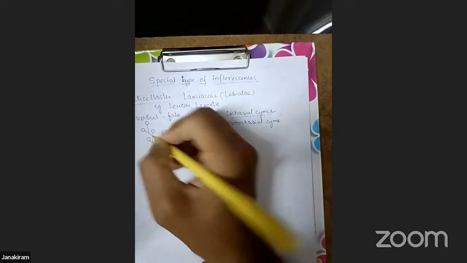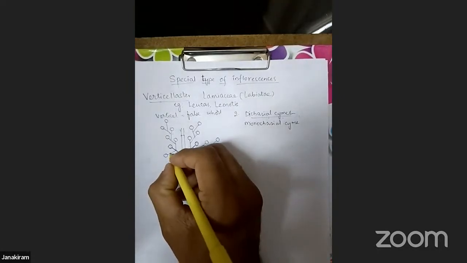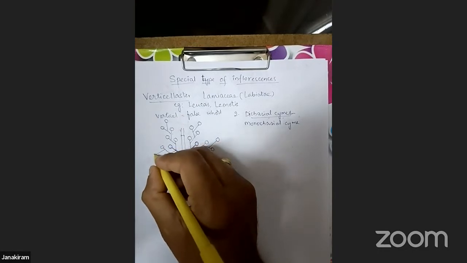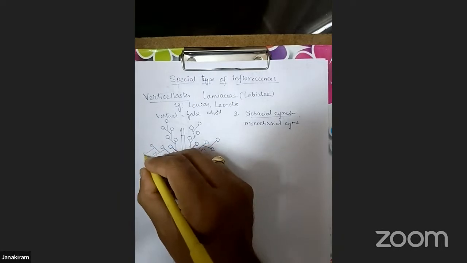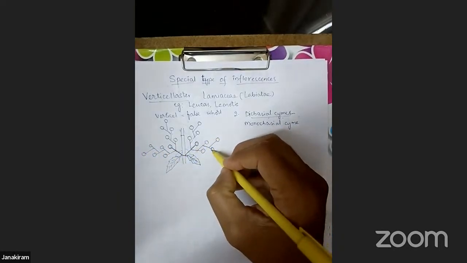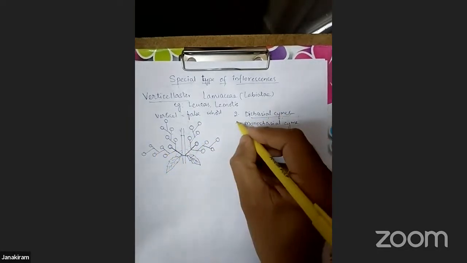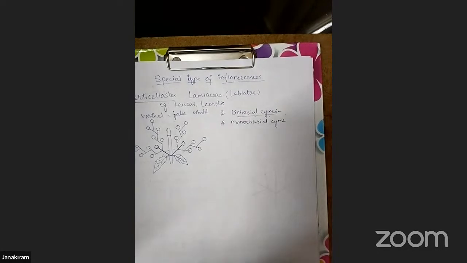Here it is also monochasial. And in this one also, the same type of pattern can be seen. Every time one branch is formed, ending with one flower. So total here, this is one monochasial, second monochasial, third monochasial, and the fourth monochasial. So 4 monochasial cymes are formed.